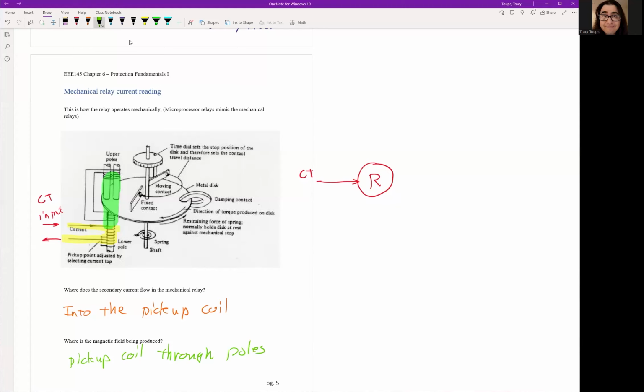So the pickup coil produces a magnetic field, and it goes through the poles and disc. You can almost imagine the magnetic field just going through. So that's the first input side. All you have to know is current goes in, and it creates a magnetic field that goes through the disc.